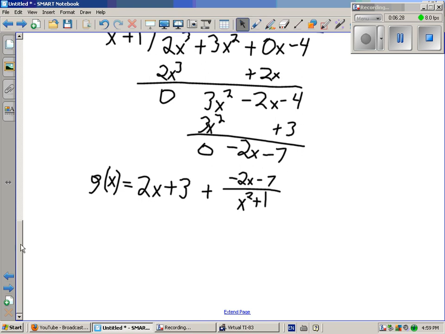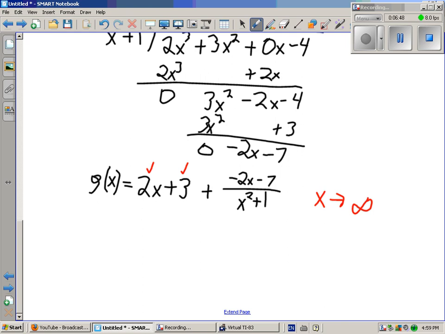Okay. Well, here's what happens. As x gets very, very big, let's see what happens. 2x is not going to go away. That's just going to remain 2x. It's going to look like a line. 3, that's not going anywhere.